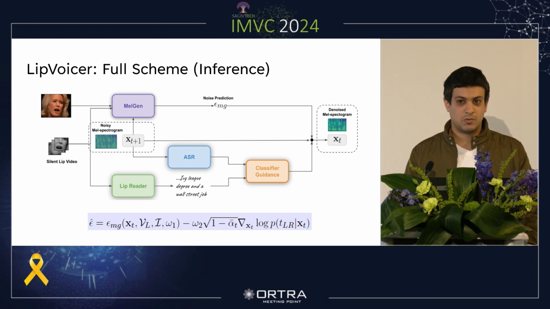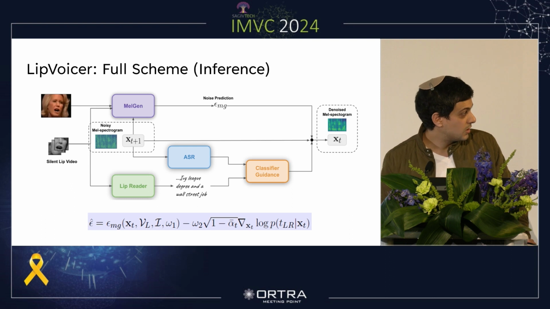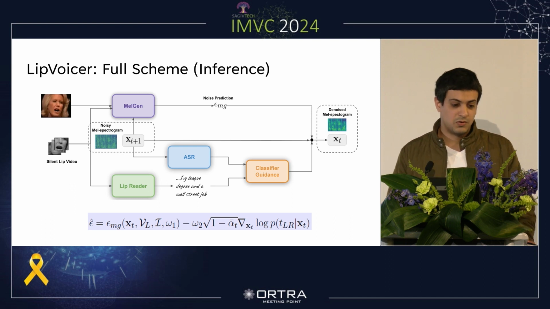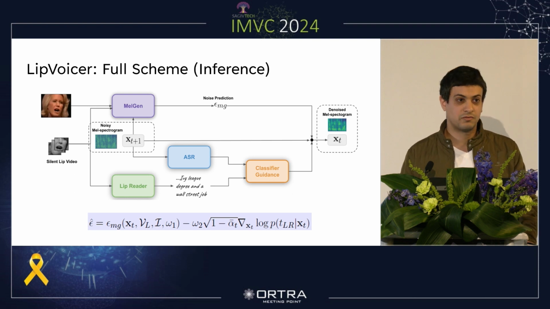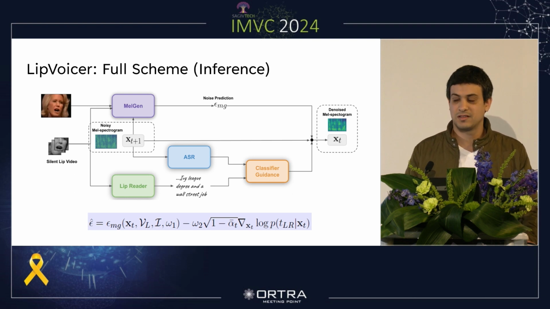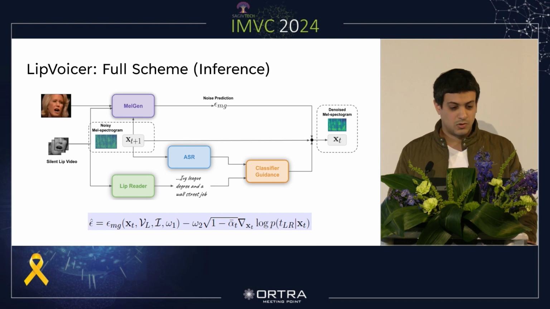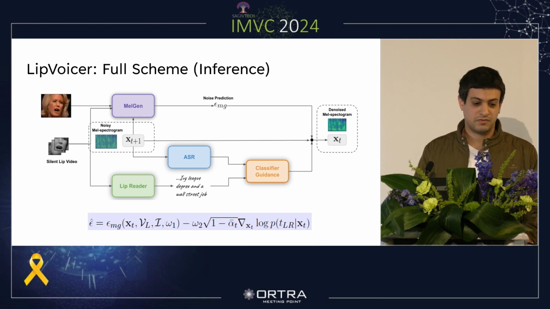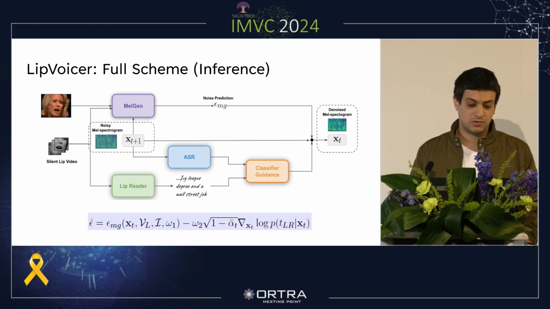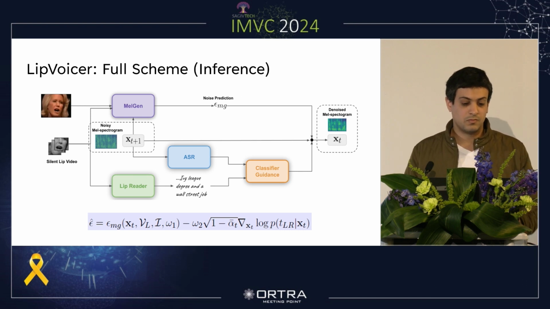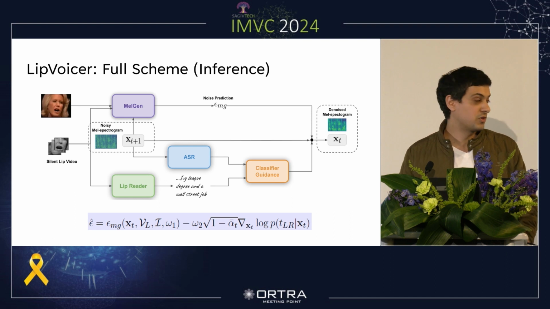So you remember those two components that I talked about. The first one is a lip reader. The nice thing about the lip reader is that it can give us a prediction of the transcription of what is said in the silent video. So for example, if this woman here in the picture said Ivy League degree and a Wall Street job, that's hopefully what the transcription is going to be.